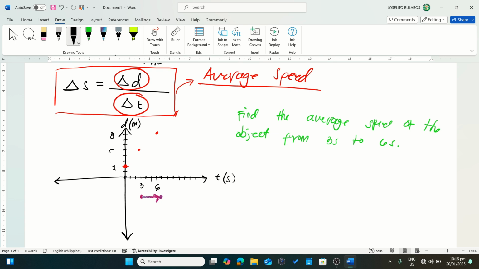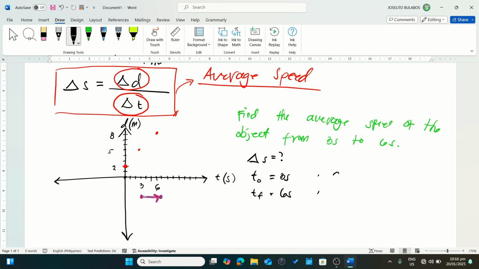Let us now determine all the necessary data. So again, we have to look for the speed. We know that the initial time, let's say this is t0, is 3 seconds. Our final time is 6 seconds.